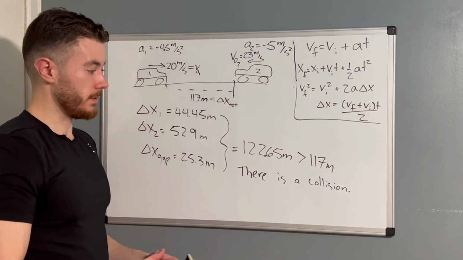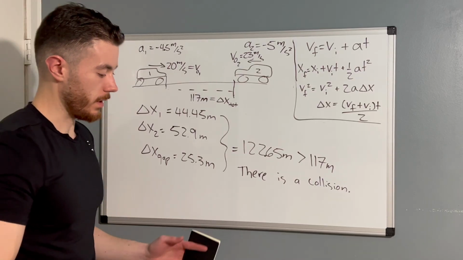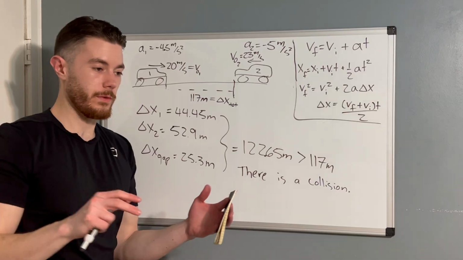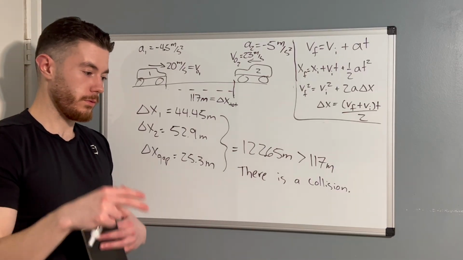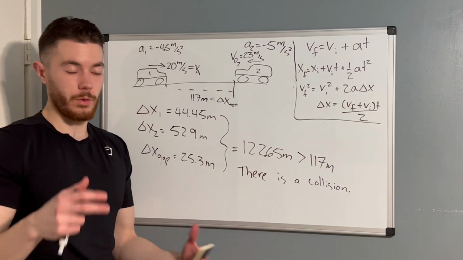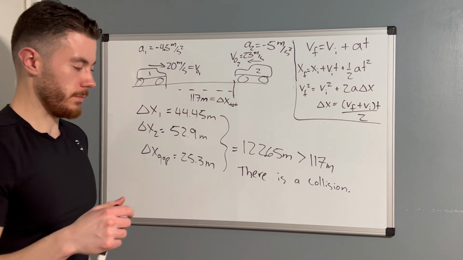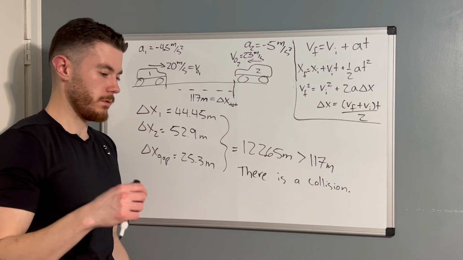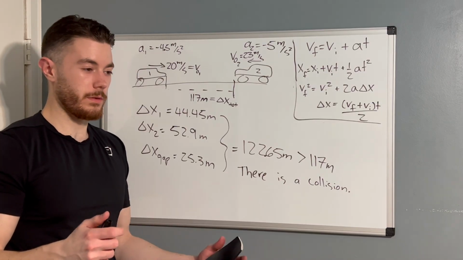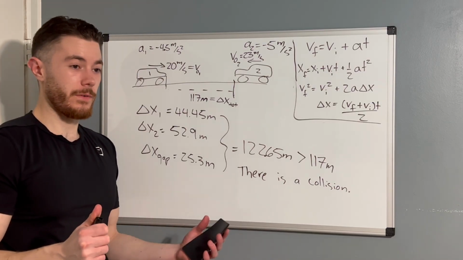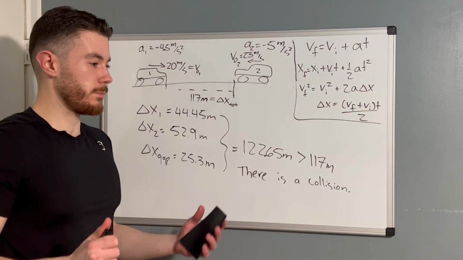Again, this is a pretty complex problem with two moving bodies and multiple steps using multiple equations to solve for various things. And then it takes a little bit of creativity to come up with a solution. I'm sure there are various other ways to solve this problem.